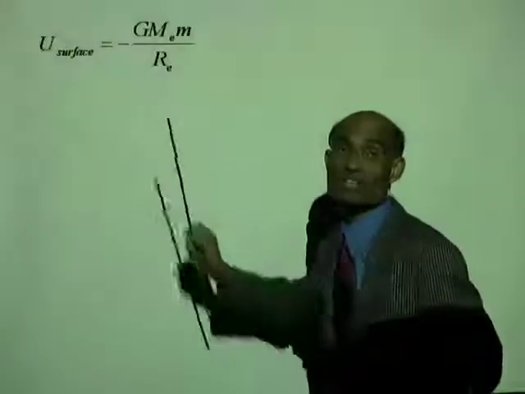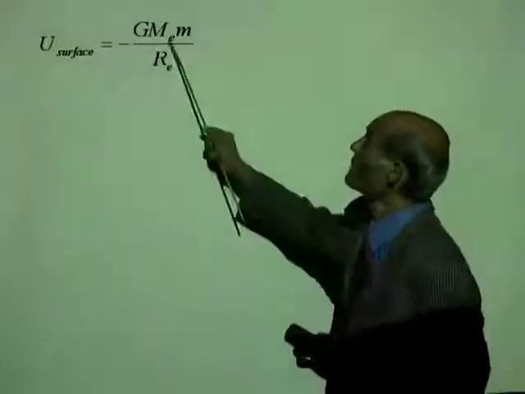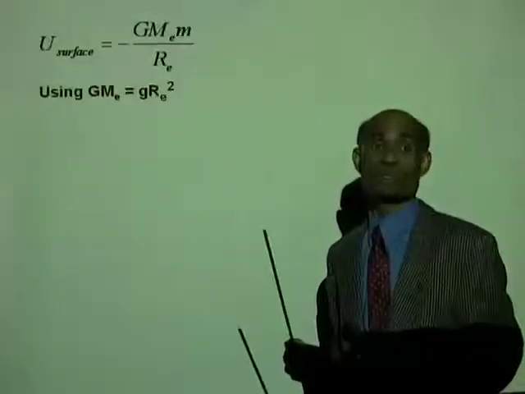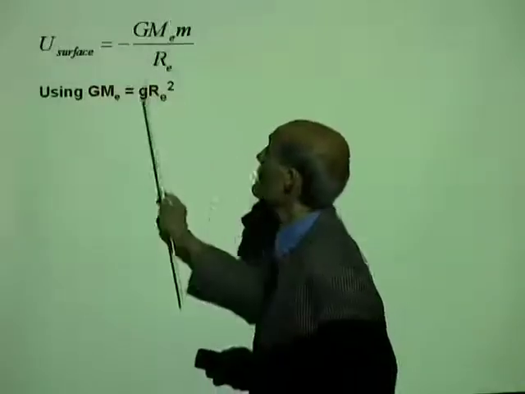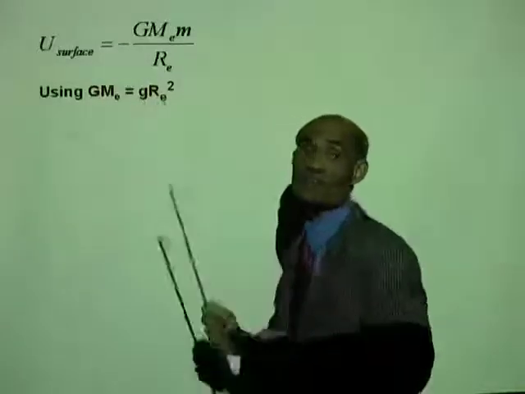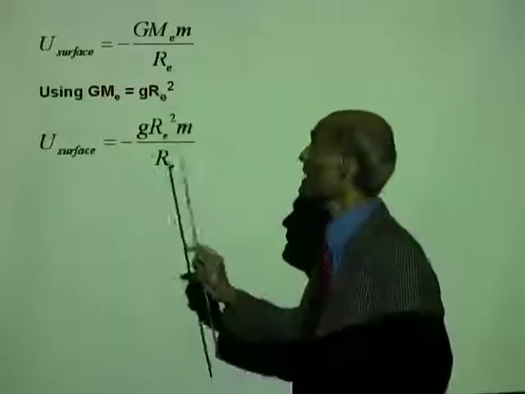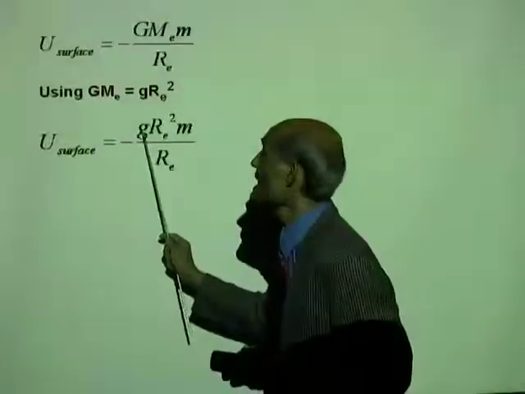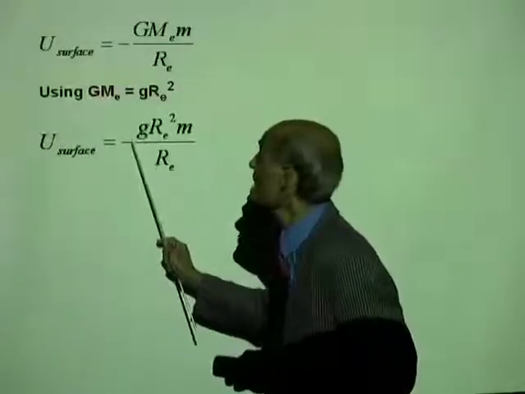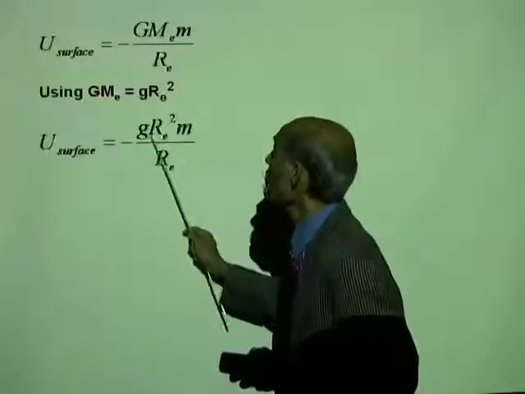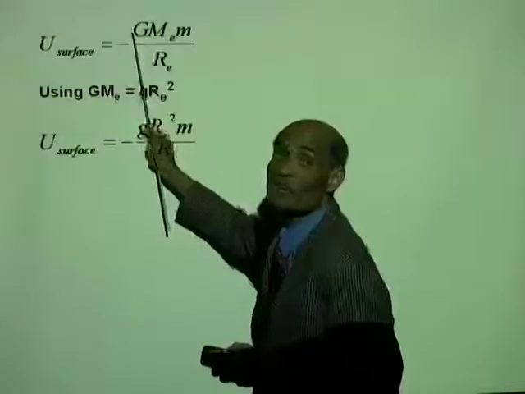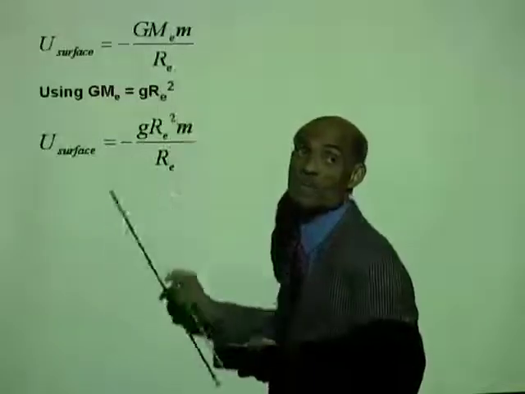So, potential energy on the surface of the Earth is given by this quantity. And you know that GM_E will be replaced by g R_E squared. And therefore, U_surface can now be written as -g R_E squared m / R_E. The g R_E squared is the replacement of big GM_E.